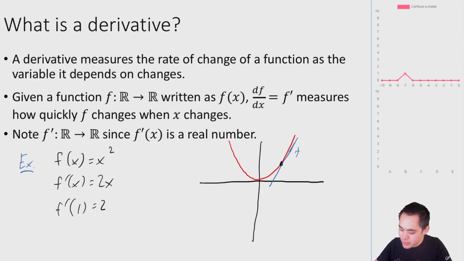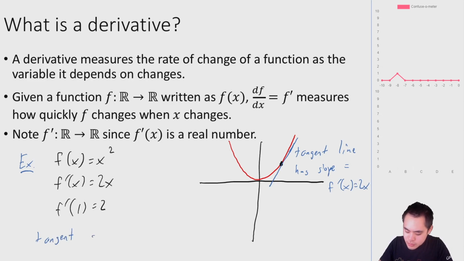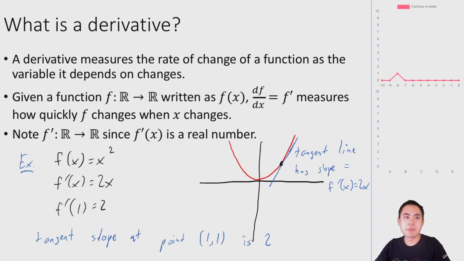The tangent line has slope equal to f prime of x, which is 2x. So the tangent slope at the point (1, 1) is 2. This is just a brief review of basic calculus. It's just measuring rates of change.